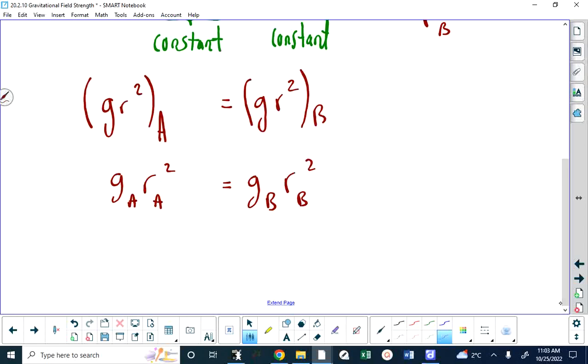Because if I divide both sides by the radius of B squared, I will get this. And if I divide both sides by g of A, I get that.